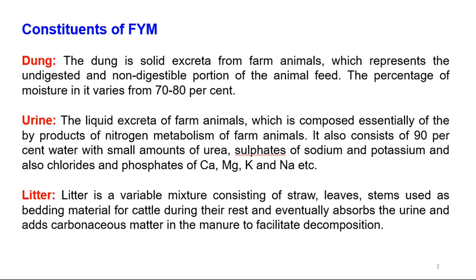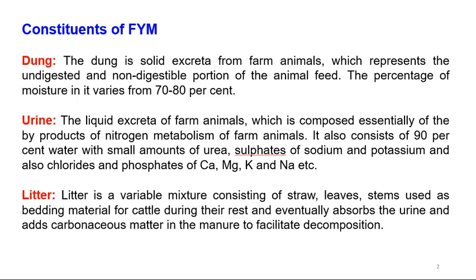So what is dung? The dung is solid excreta from farm animals, which represents the undigested and non-digestible portion of the animal feed. The percentage of moisture in it varies from 70 to 80%.